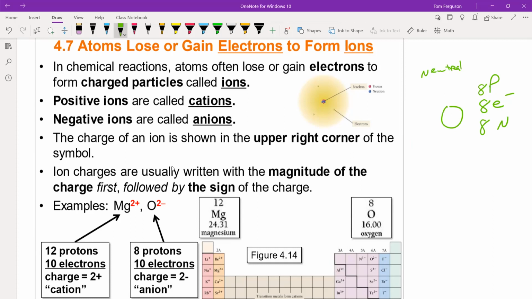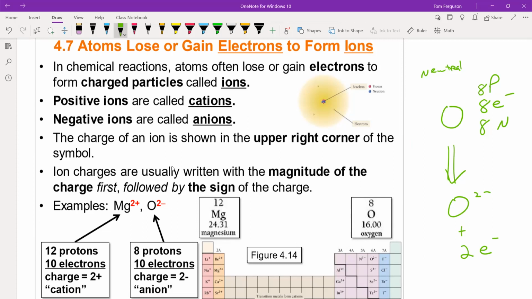Neutral oxygen has got 8 protons, 8 electrons, 8 neutrons. Okay. However, oxygen likes to gain 2 electrons to become more stable. So oxygen is not stable at all by itself, but it's really stable when it gains electrons. It goes from oxygen to oxide.